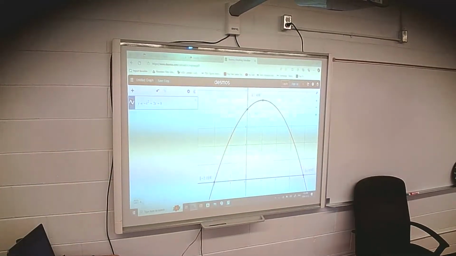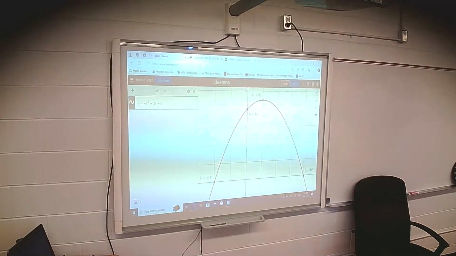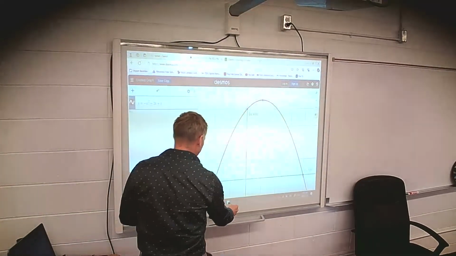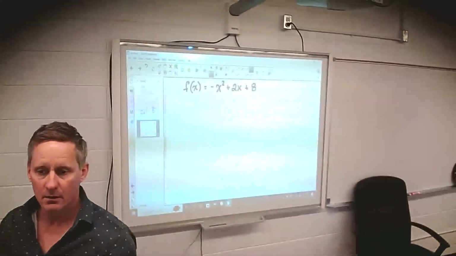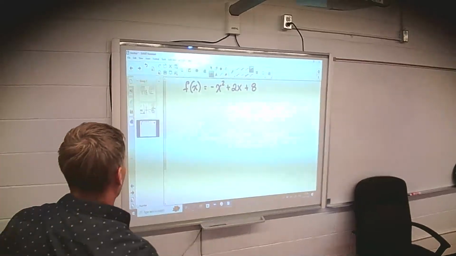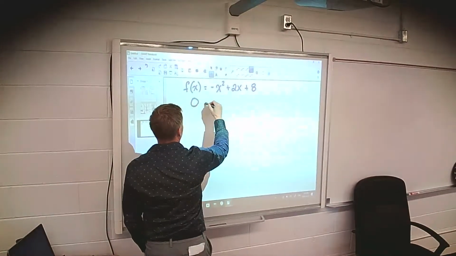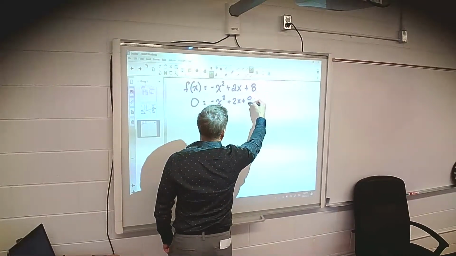Again, in that form, I can't easily see what the x-intercepts are. However, while we're here, I may as well show you how this is going to work. What is the y value for the x-intercepts? 0. Okay, so let's have a look at this. I'm going to put 0 in for y, and I've got to solve for x now.